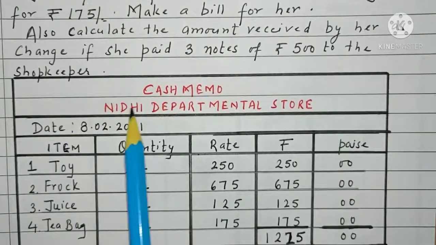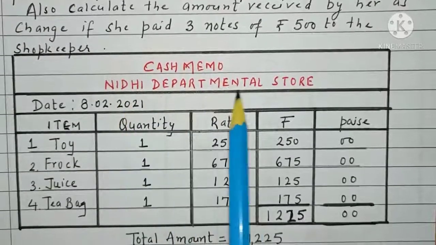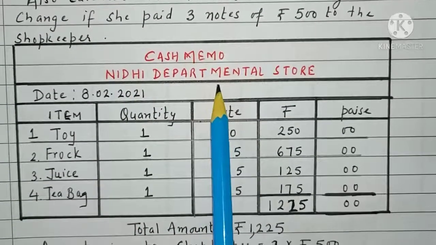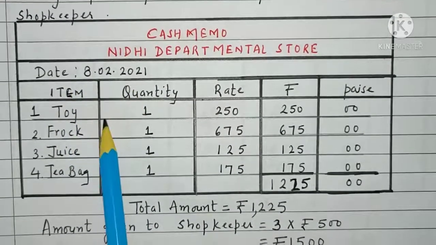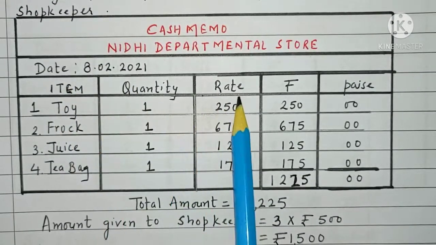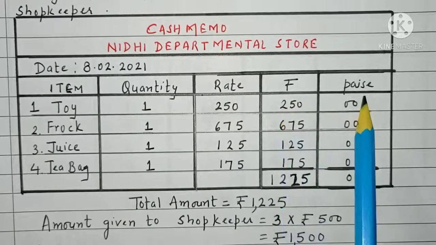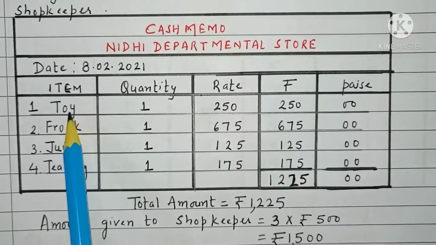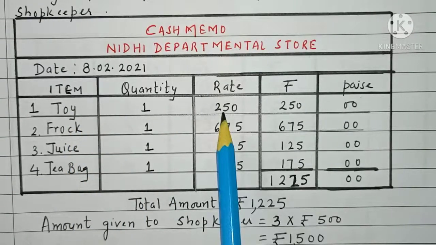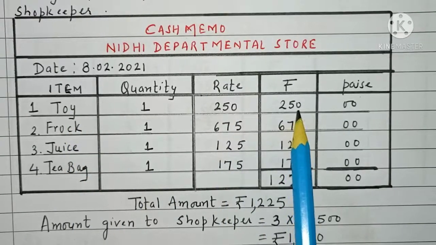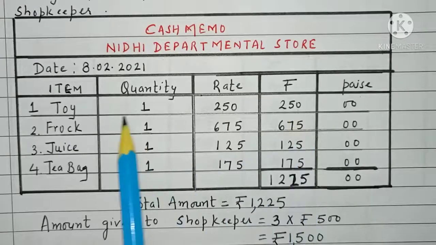Now again, first of all, cash memo. The name of the store, Nidhi Departmental Store. The date of the purchase, the item, the quantity, the rate, rupees and paise. So, as one toy was purchased at the rate of rupees 250, the cost is 250 rupees.